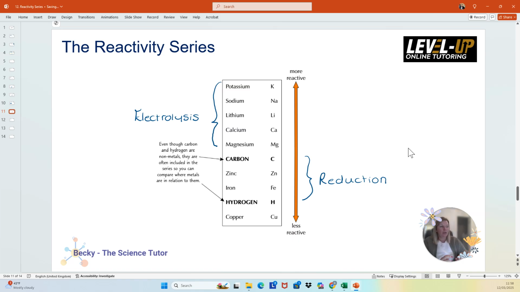Because they're more reactive, we can't extract them by reduction, and therefore we have to extract them using electrolysis. So the reactivity series is really quite a useful little table and gives us lots of ideas about what reactions will occur, won't occur, and what we need to do with them.